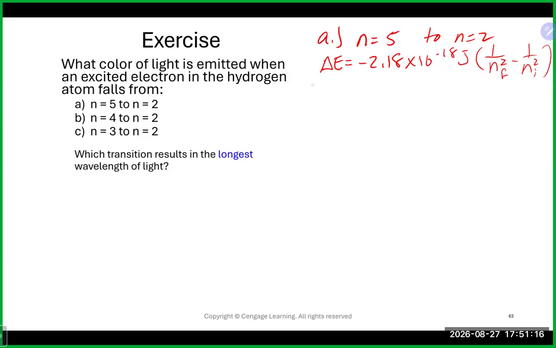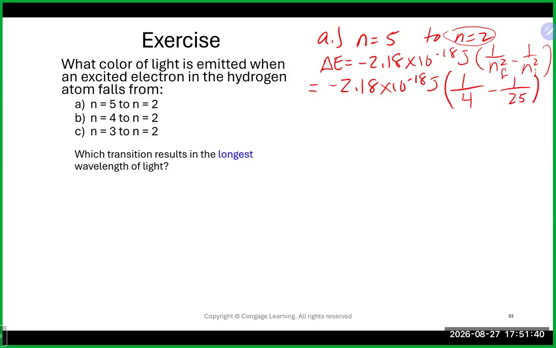So popping that in here, minus 2.18 times 10 to the minus 18 joules, times 1 over our final, which is the second energy level, so 2 squared, which is 4, minus 1 over our initial, which is 5 squared, which is 25.